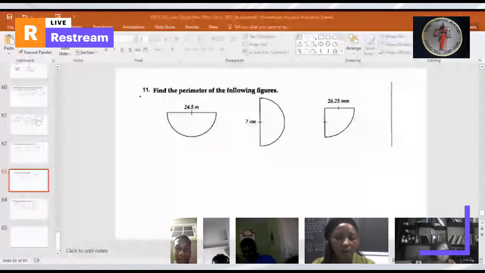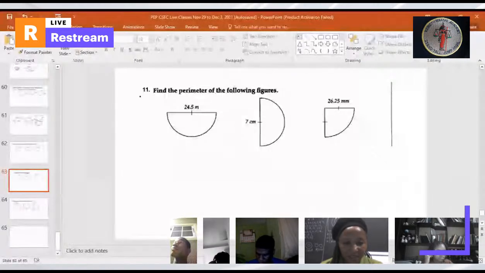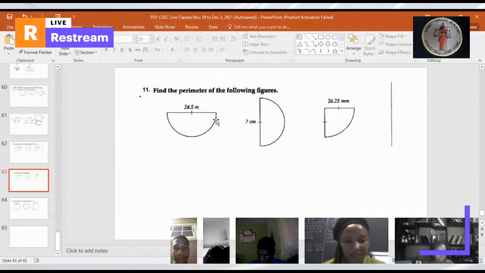Imani, you get that this is a semicircle, right? Yes, Miss. That's not debatable. That's a fact. So if it was a full circle, 2 pi r would give the distance all the way around the circle. But it's a semicircle, it's half of a circle.